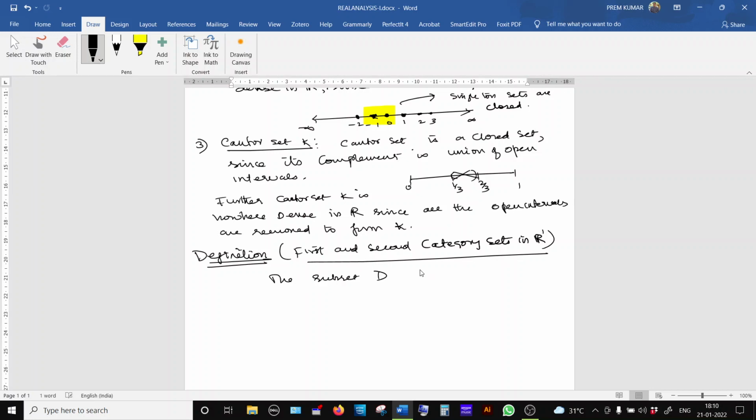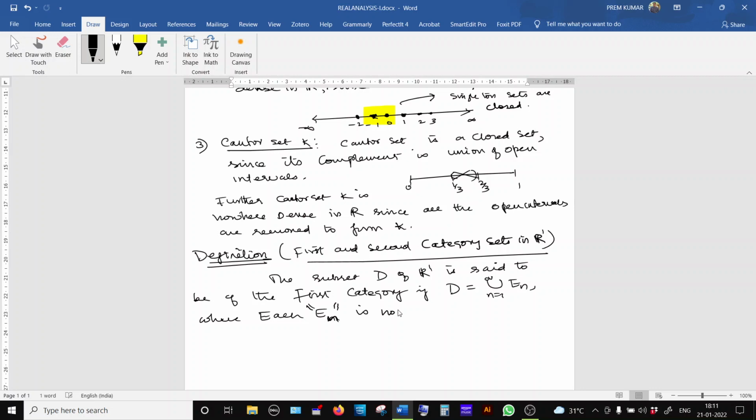The subset D of R1 is said to be of first category if the given set can be written as a union of sets E_n, where each E_n is nowhere dense.